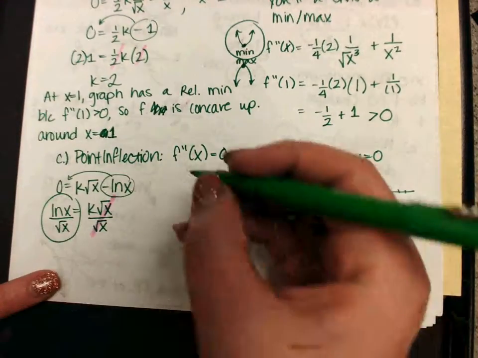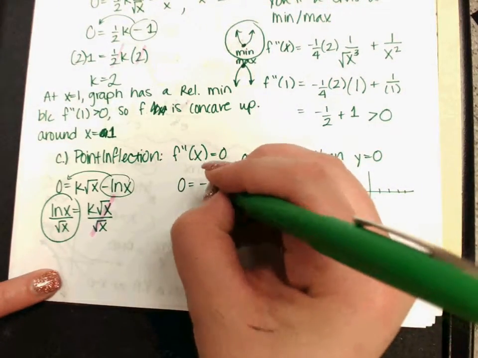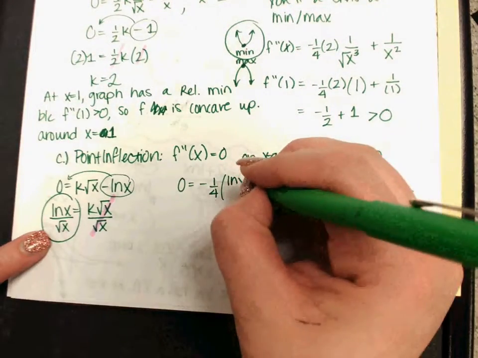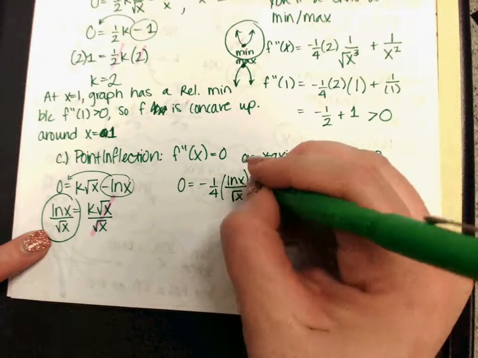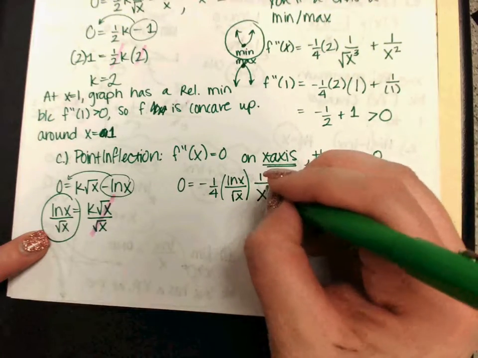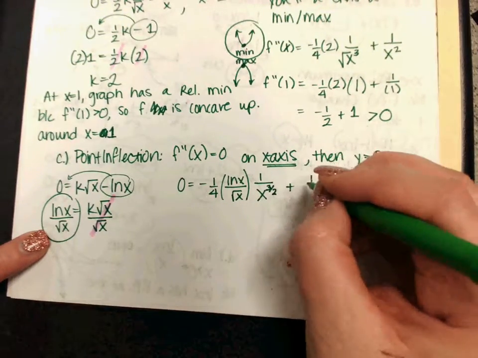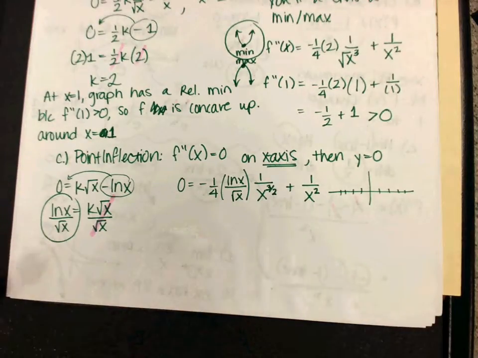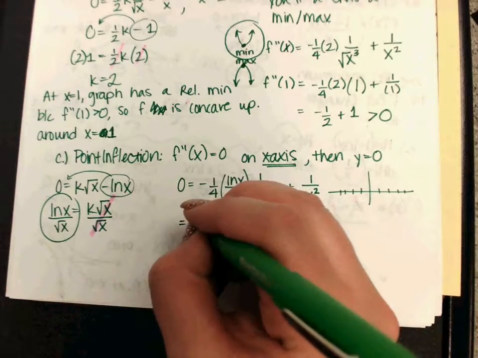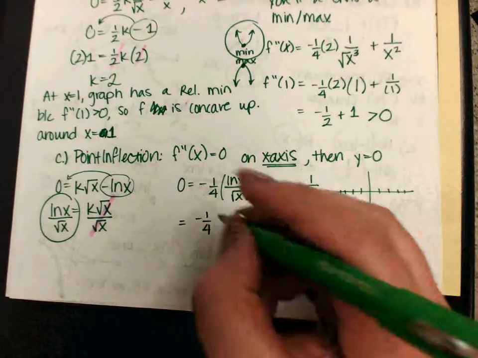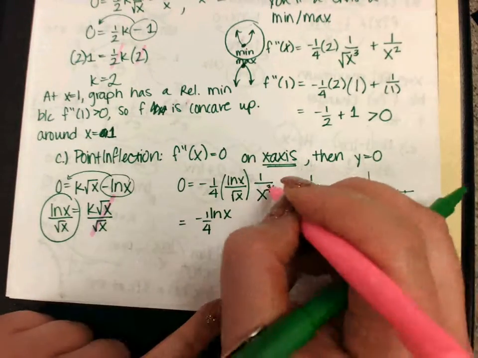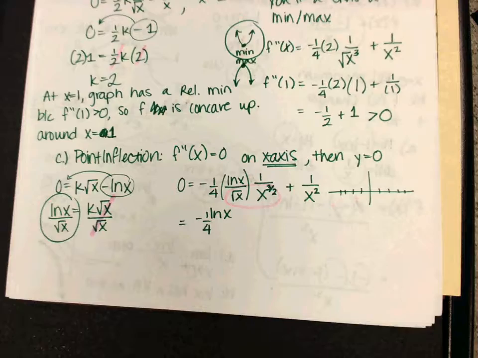So I'm going to say 0 equals negative a fourth, and then when I get to k, I'm plugging this in right here, ln x over square root x. Now, I have a 1 over x to the 3 halves, plus 1 over x squared. Okay, then from here, I'm going to make this look a little bit better. So this is negative a fourth, ln x goes on the top, and then down here, I have the square root of x and x to the 3 halves.